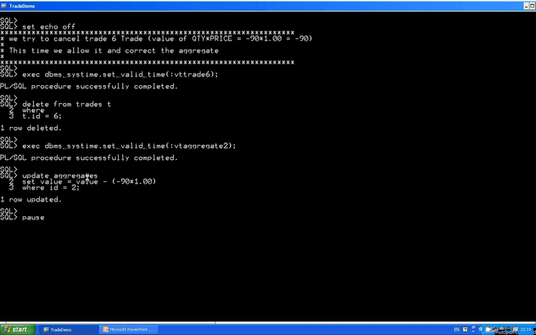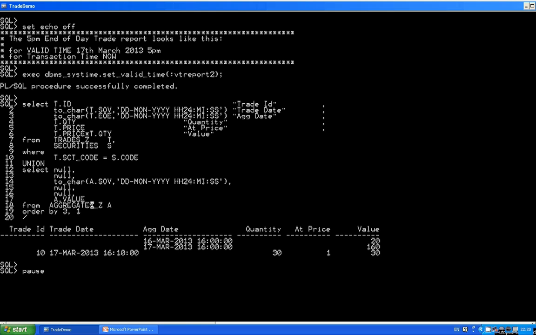In order to cancel a trade, we just go to the valid time start of that trade and delete the trade. Because it's an override, we additionally have to search for the next subsequent valid time aggregate, which is aggregate number 2 for trade 6, and update the value of that aggregate to reflect that we've cancelled the trade from the system. In this case, subtracting a cell of 90 times 1, which is the price.